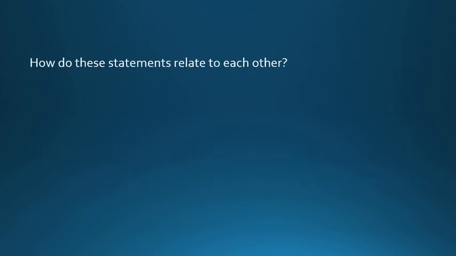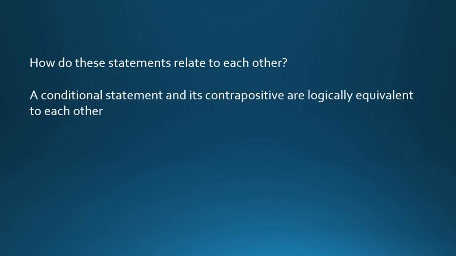So now, how do these statements relate to each other? How does a given conditional statement, its inverse, its converse, and its contrapositive, how do those things relate to each other? This is the last thing I want to touch on in this video. A given conditional statement and its contrapositive are logically equivalent to each other.